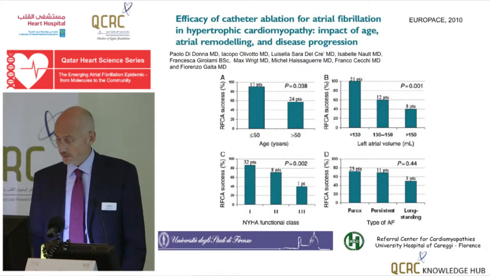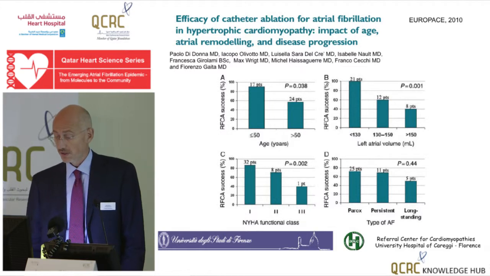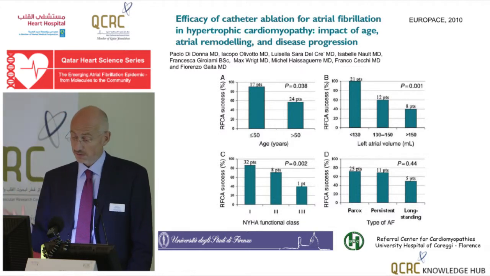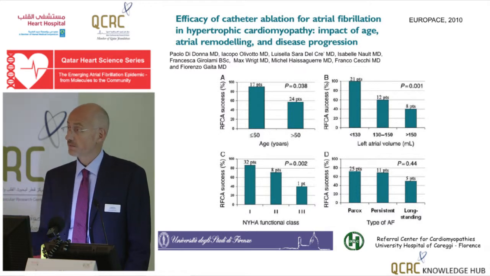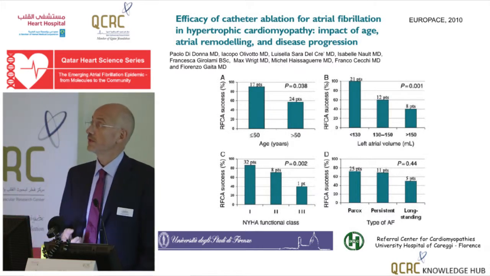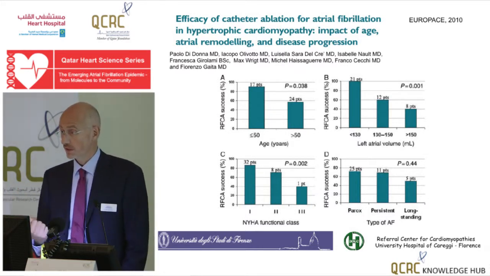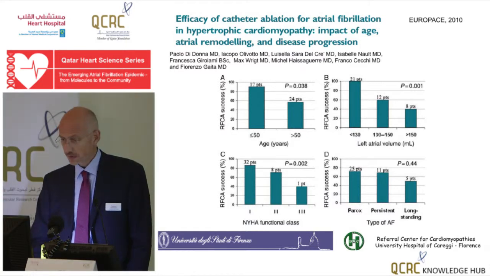And not surprisingly, the predictors of outcome of the procedure were the younger age, smaller volume, less duration of the arrhythmia, less symptoms. So the message is, if we want to pursue ablation in these patients, let's try to do it as early as possible and not leave it for the very late. And a lot of these patients were really very advanced.